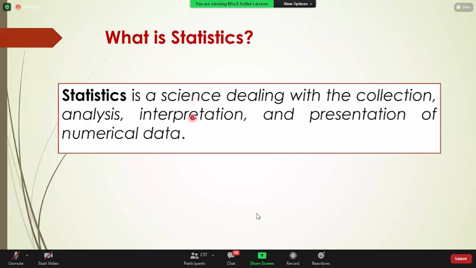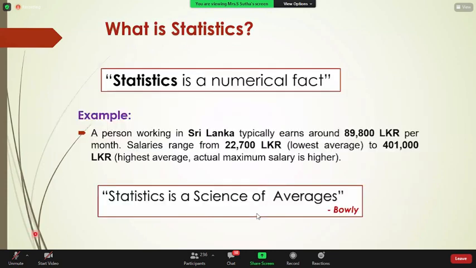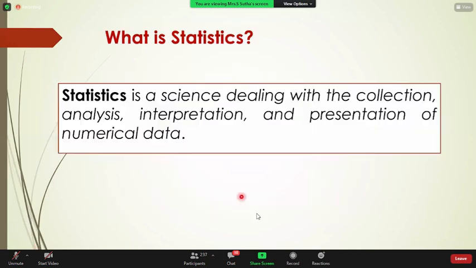In the previous two, we looked at numerical numbers. Now we go back again. Statistics is a numerical fact. Statistics is a science of averages. The next definition is entirely different from these two. There is a connection, but we are looking at a very different perspective.